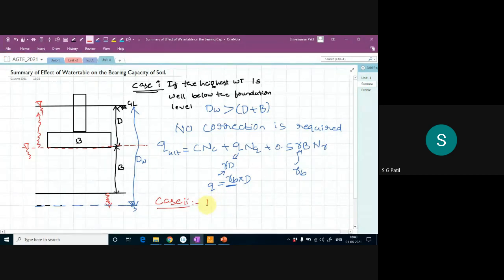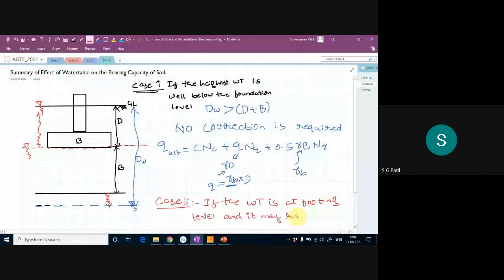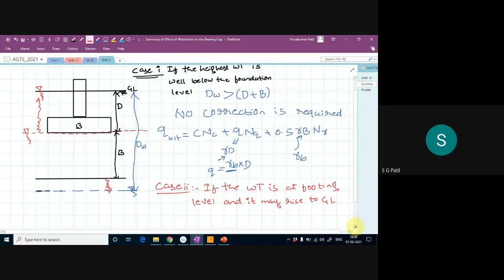Let me write here: if the water table is at footing level, and it may rise to ground level. So that is my second case.